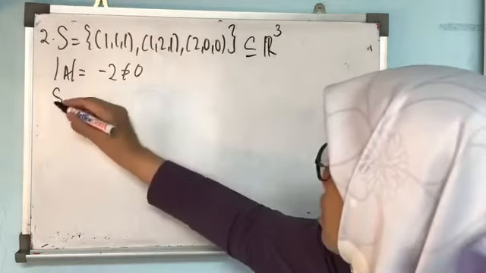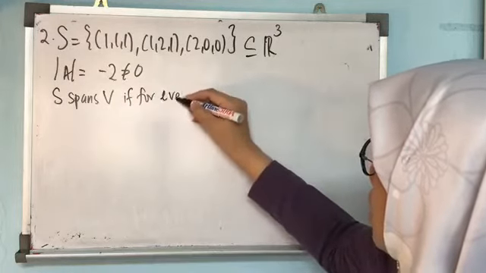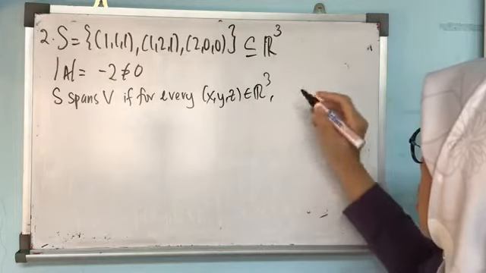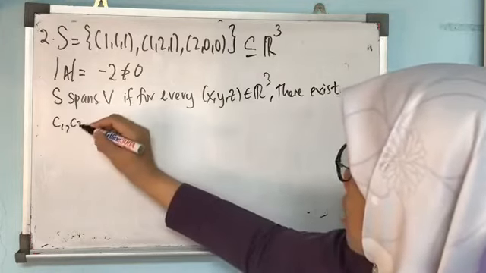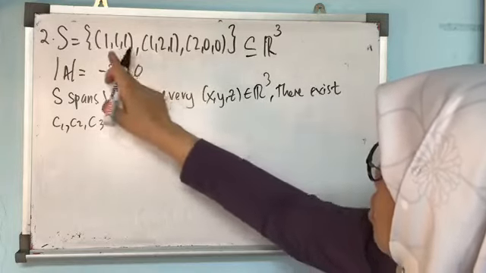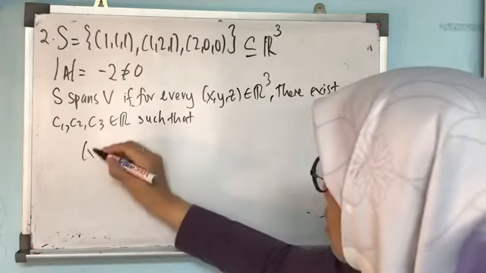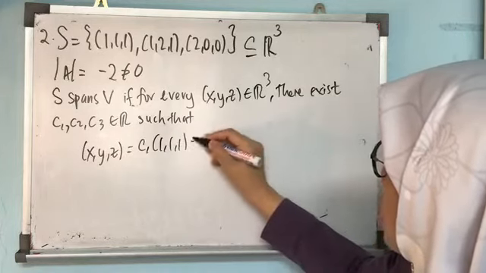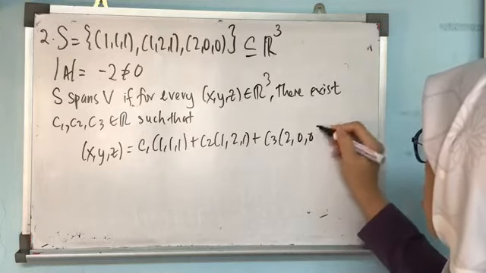So S spans V if for every X, Y, Z in R3 there exist C1, C2, C3 in R, such that X, Y, Z can be written as C1(1, 1, 1) plus C2(1, 2, 1) plus C3(2, 0, 0).